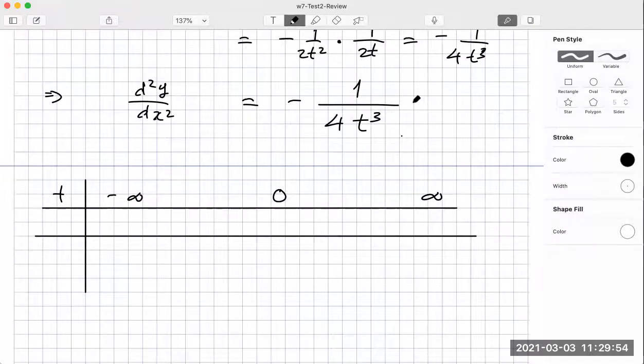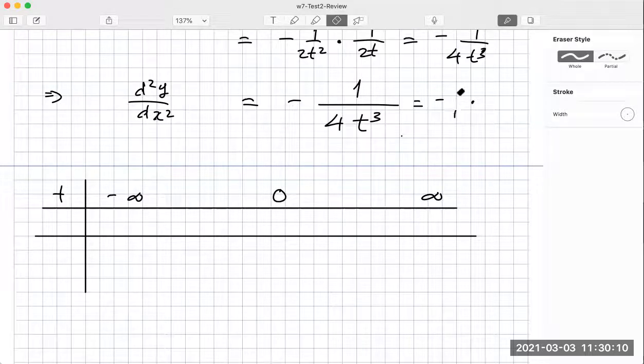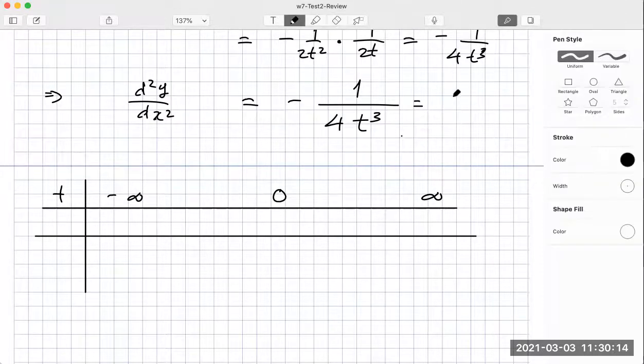So we can write this as negative 1 over 4 times 1 over, or we can write it negative 1 over 4t cubed, right?